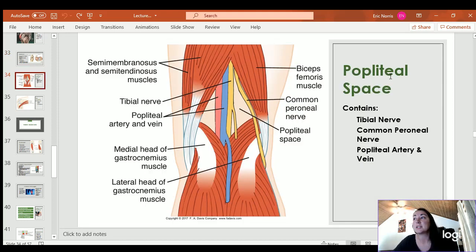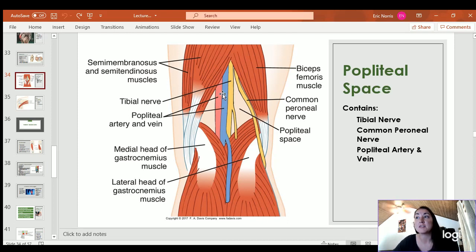The popliteal space contains the tibial nerve, the common peroneal nerve out here, the popliteal artery and vein, which remember were the femoral artery and vein before they cut through the adductor hiatus in adductor magnus. Those are the three we're mainly talking about. Common peroneal is out to the side there, but they pass in the posterior knee.